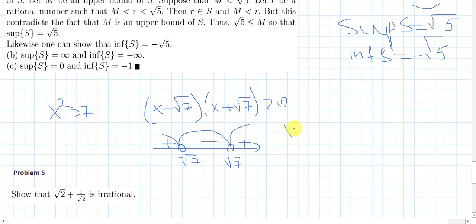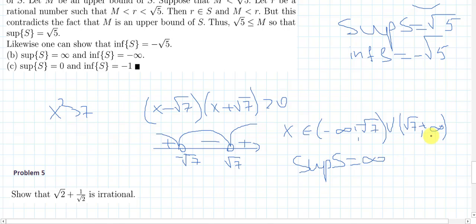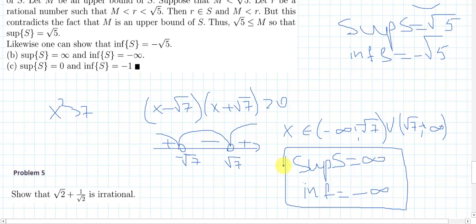So x belongs to from minus infinity till minus square root of 7, and from square root of 7 to plus infinity. So here we can see the supremum of this set is infinity because this is not a finite set, and the infimum of this set is also minus infinity. So we have the following answer.